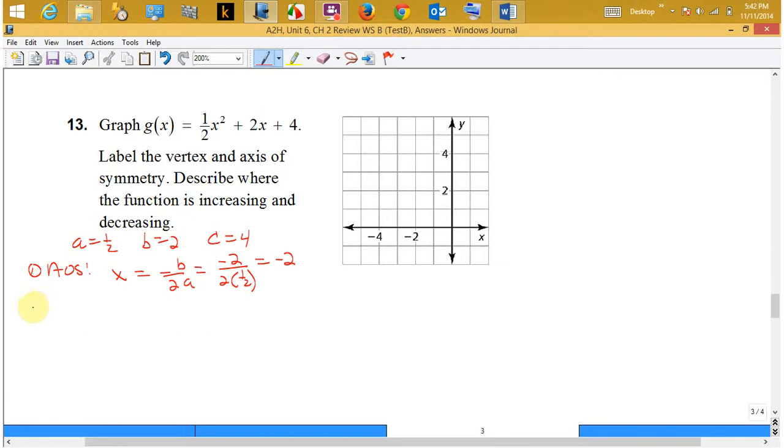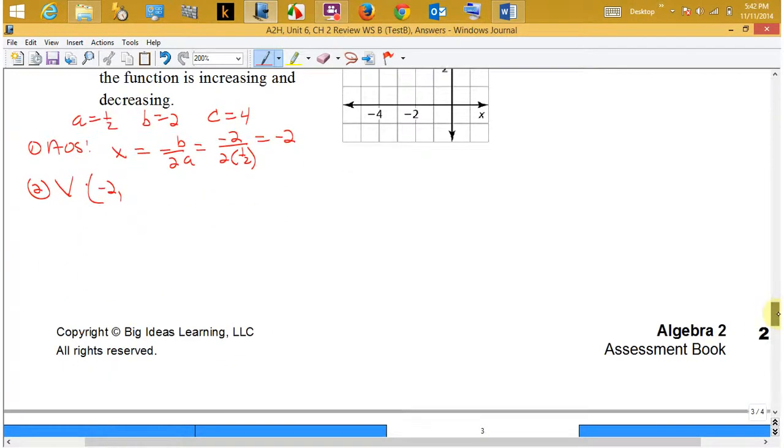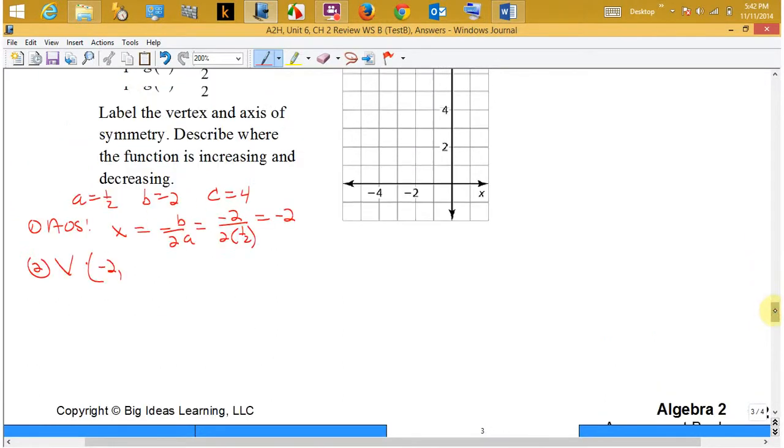The second thing I'm going to do is, from that x value of negative 2, figure out where my vertex is. So I need to put negative 2 into the equation. So I would have y is equal to 1/2 times negative 2 squared plus 2 times negative 2 plus 4.